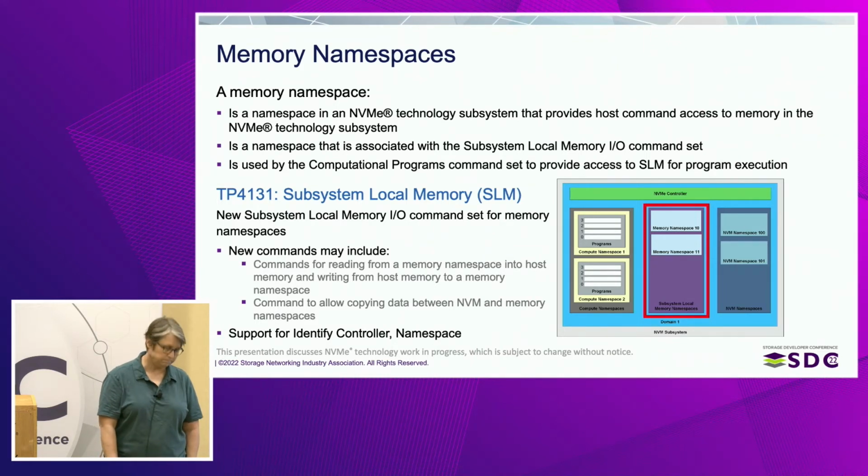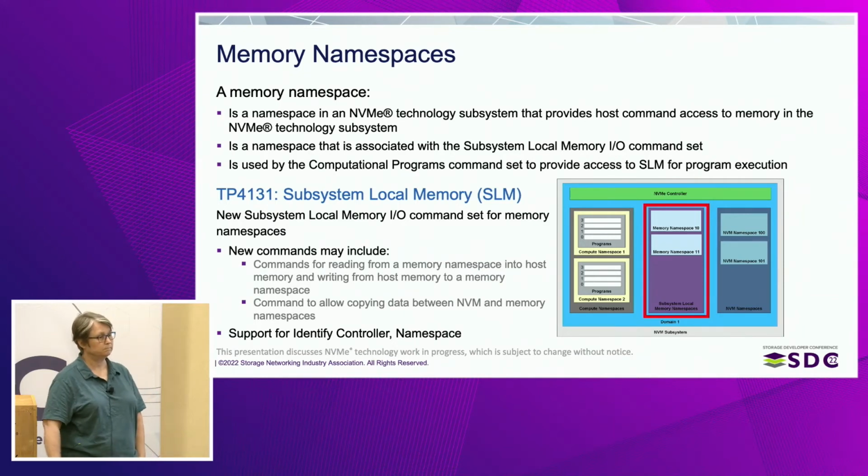So looking forward, where we have different types of compute, you may have a CPU and an FPGA all in the same device. The CPU has access to certain memory, and the FPGA has access to different memory. Those memories may overlap.